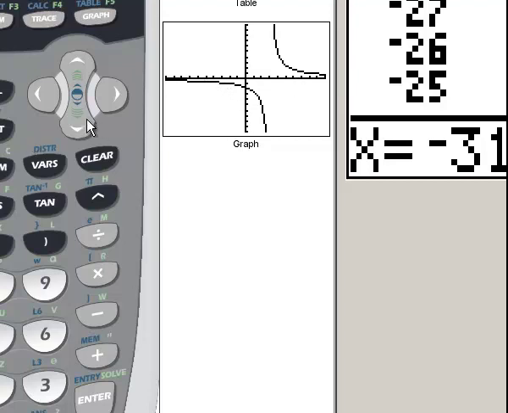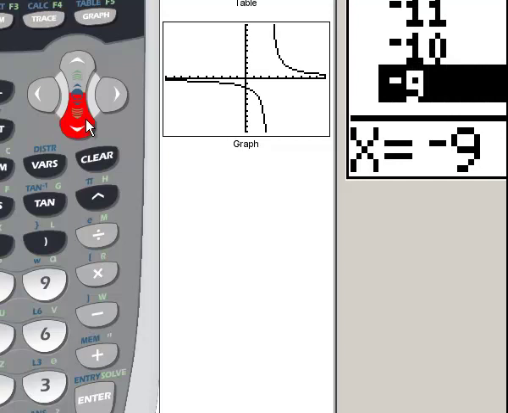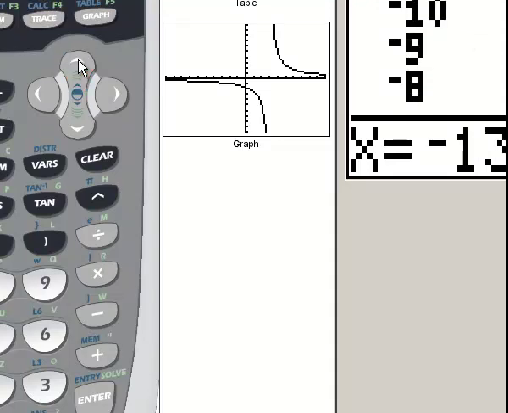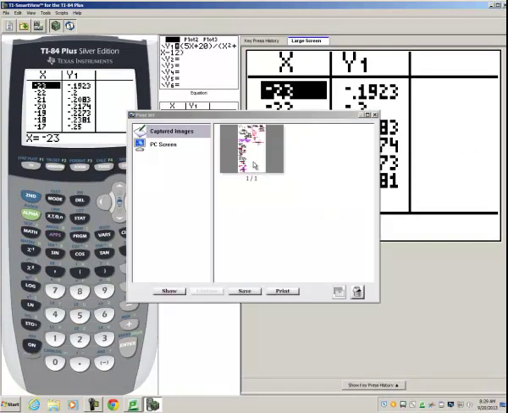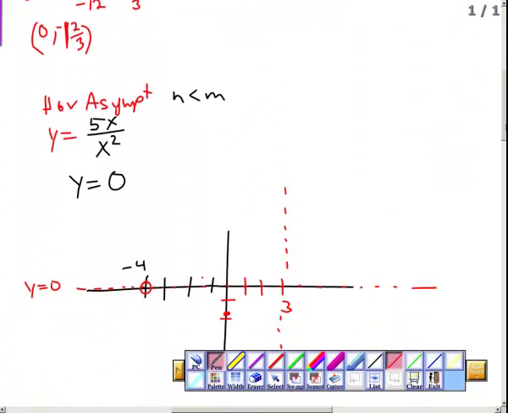I wanted to see if it was going to ride above the horizontal asymptote or below it. Does it ever become positive? It doesn't, so it rides below it. It doesn't cross right at negative 4; it's actually a little bit below it.